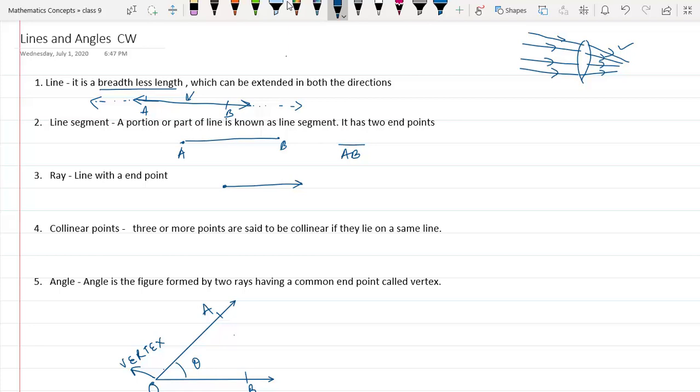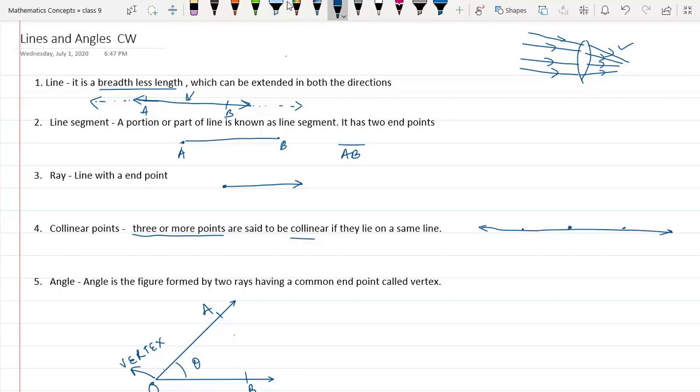Then we have collinear points. Co means together, linear means line. The points which exist together on a straight line are known as collinear points. The definition is: 3 or more points are said to be collinear if they lie on the same line. So you can say this point and this point are collinear. Why? Because if I draw a line passing through these three, it will pass through all the points, like this.